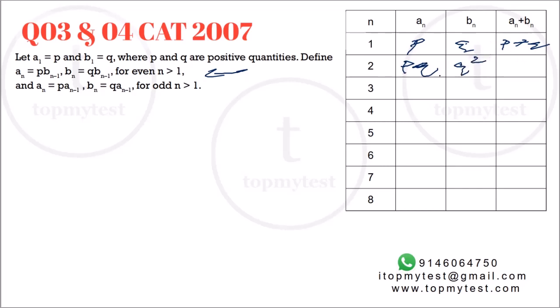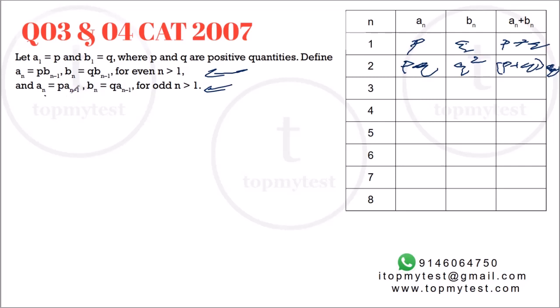If you add this, I'll take Q common, so it will be P plus Q times Q. If you expand it, it will be PQ plus Q square. Now let's see what happens for A3. A3, I'll have to use the second relation.